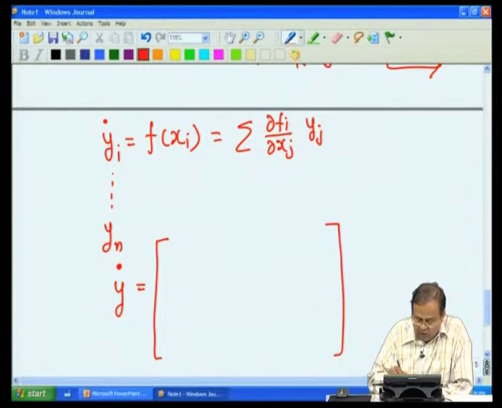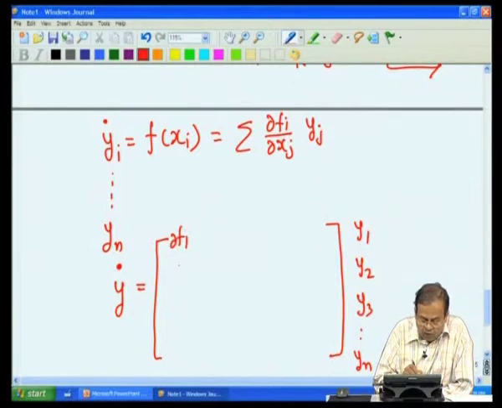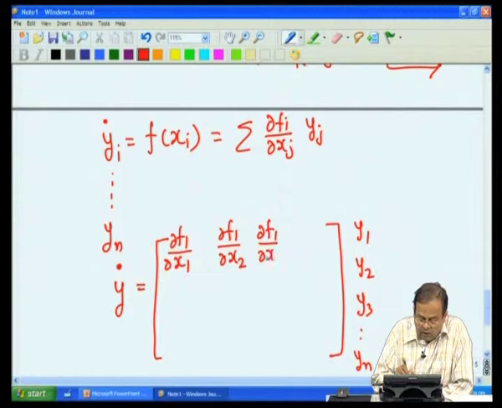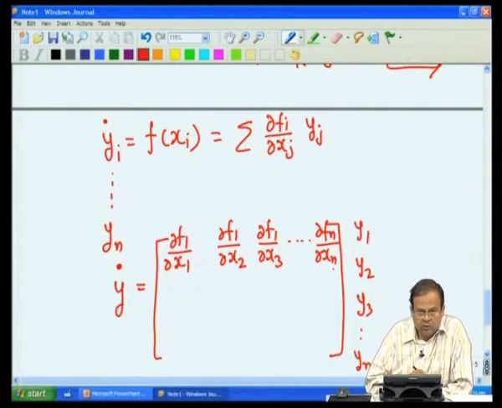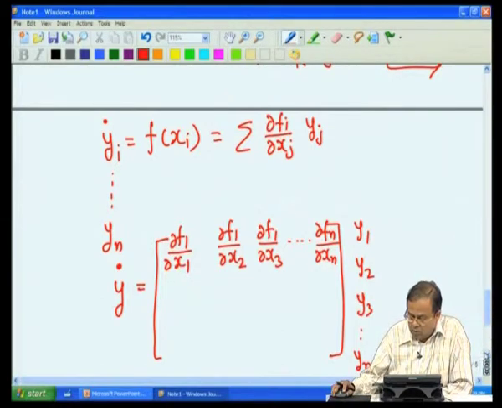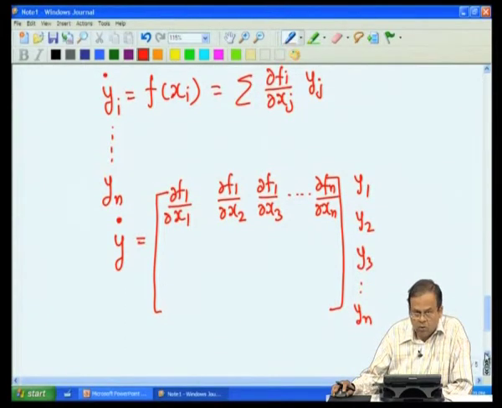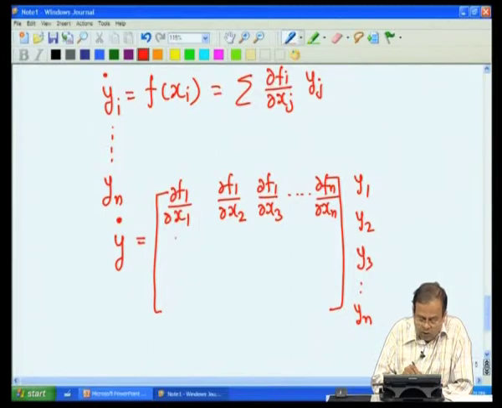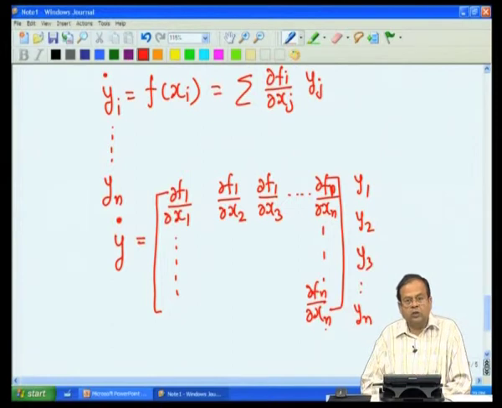If I just expand these terms, we have y 1, y 2, up to y n, and the first row will be del f 1 del x 1, del f 1 del x 2, del f 1 del x 3, up to del f 1 del x n, and similar quantities up to del f n del x n.